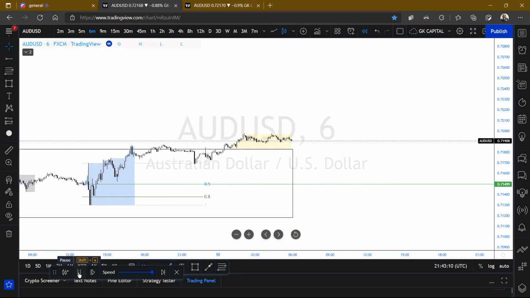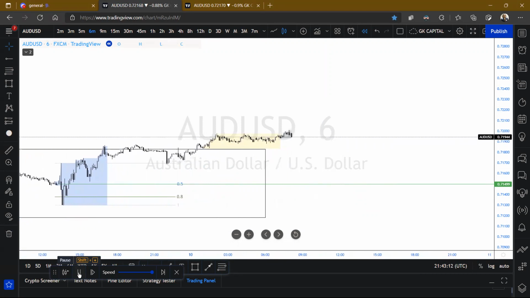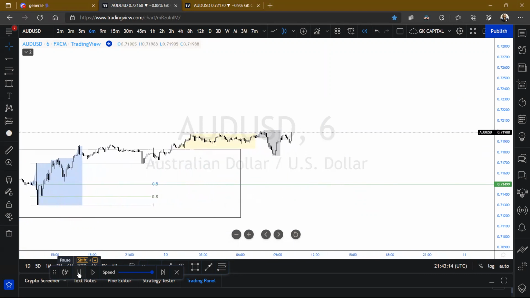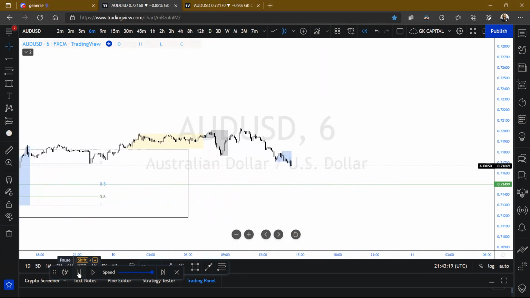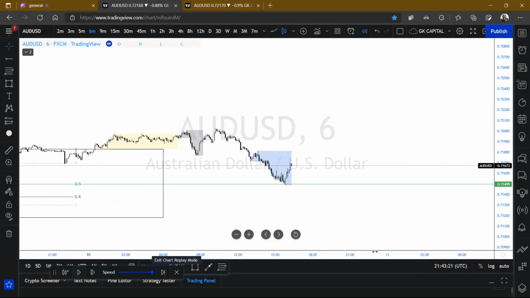Trading started. So we got Frankfurt brought down the high, sub the Asian low. Then we've got New York open, and then we can see there's the 50% now.